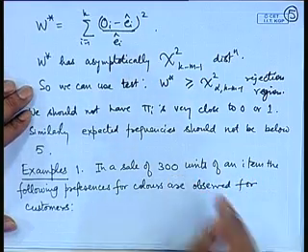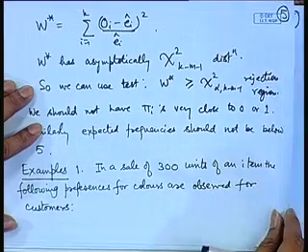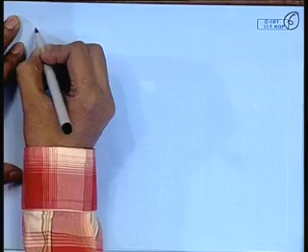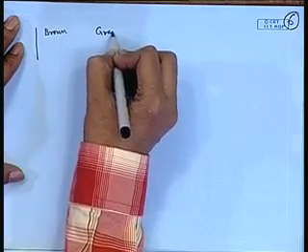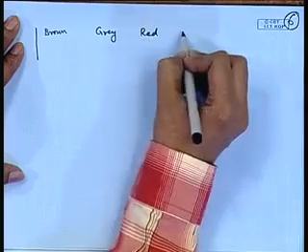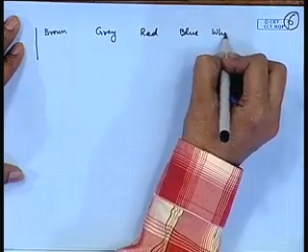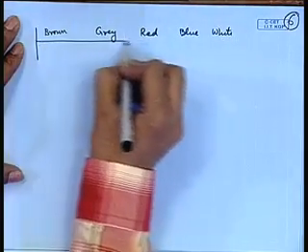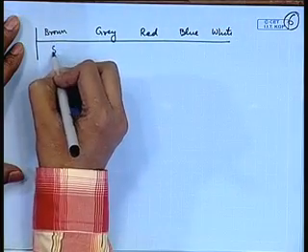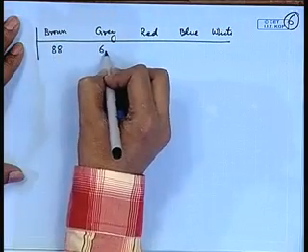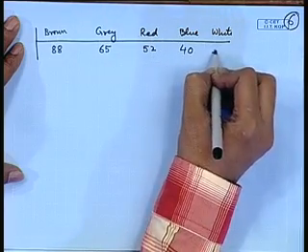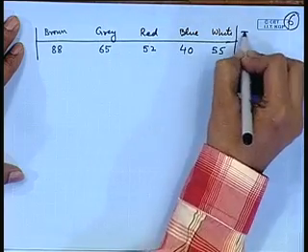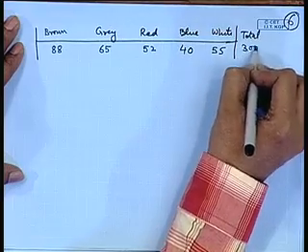Out of 300 customers, suppose we observe that the colors available are brown, grey, red, blue and say white. Out of 300 customers, we find 88 prefer brown, 65 prefer grey, 52 prefer red, 40 prefer blue and 55 prefer white out of 300.